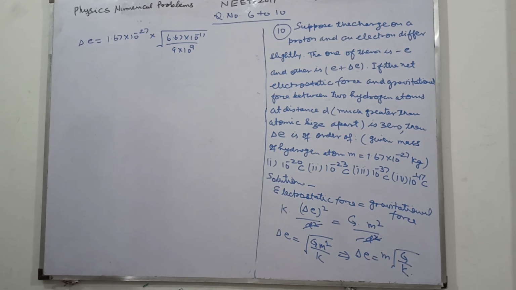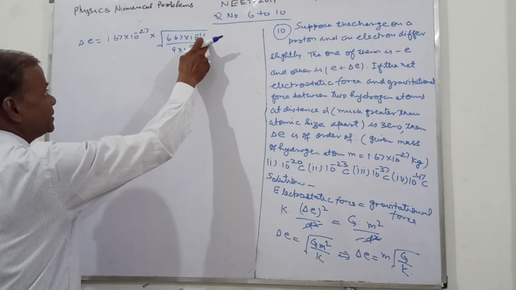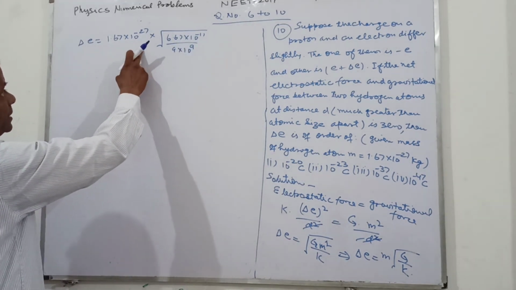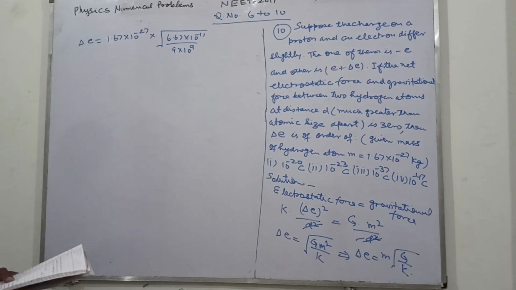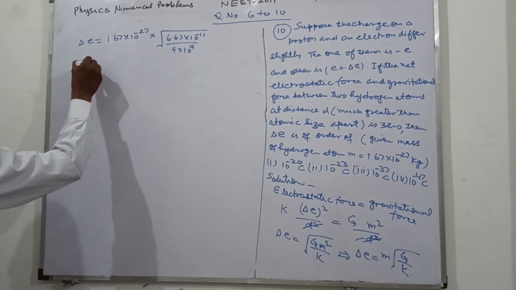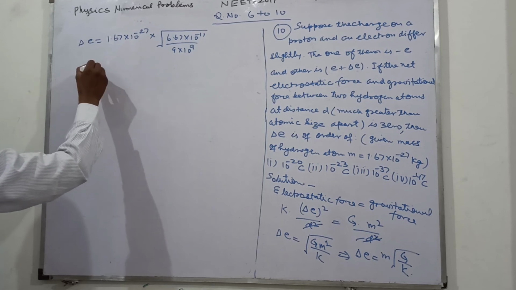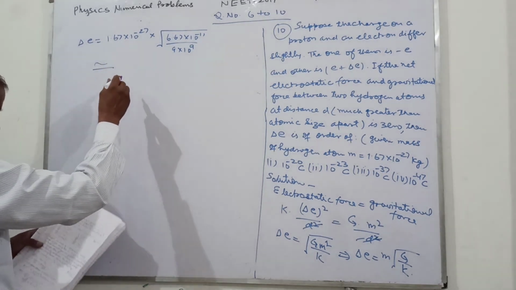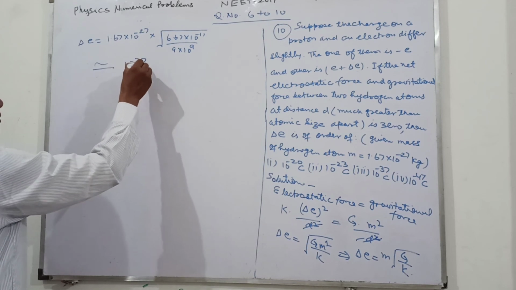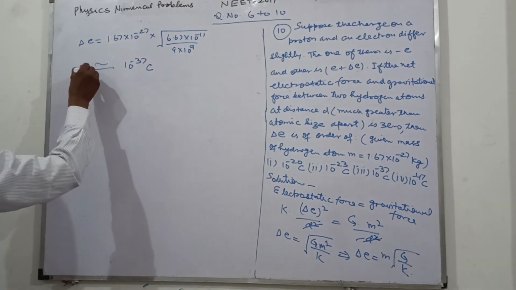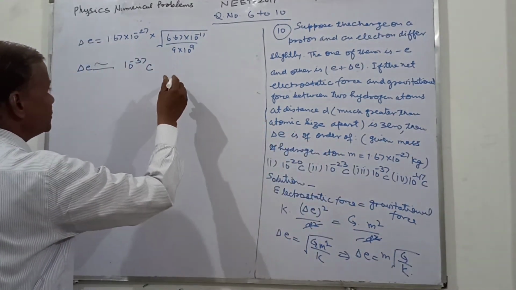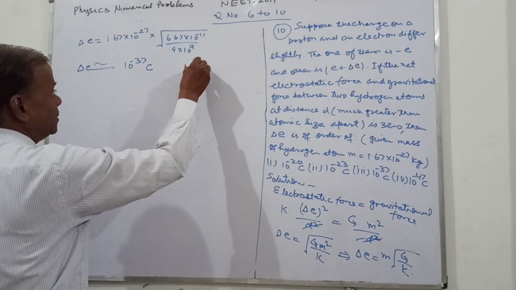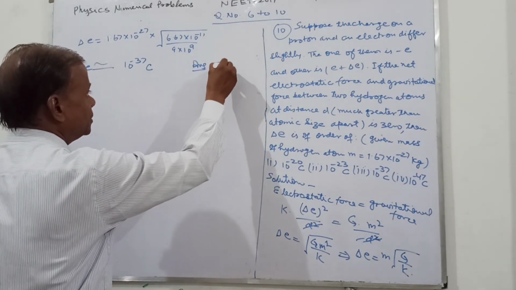So you can find this, and if you just calculate, this is approximately equal to 10 raised to the power minus 37 coulomb. We have to find the approximate value, 10 raised to the power minus 37. So our answer is the third.